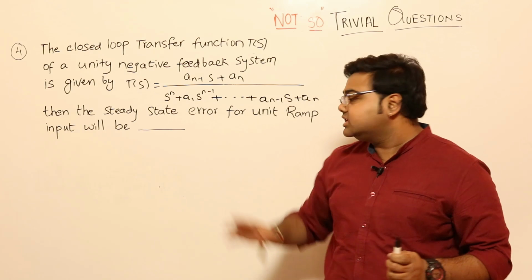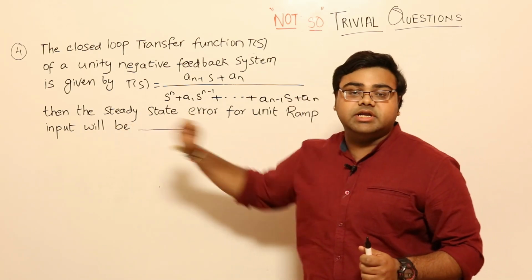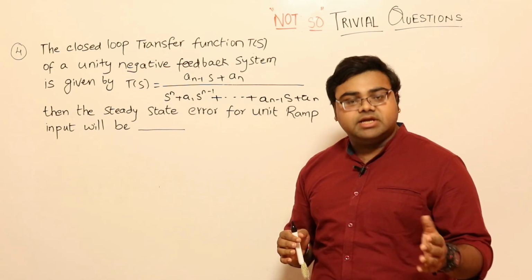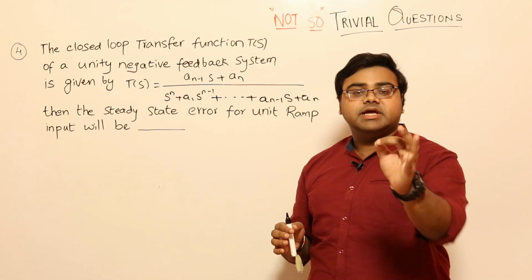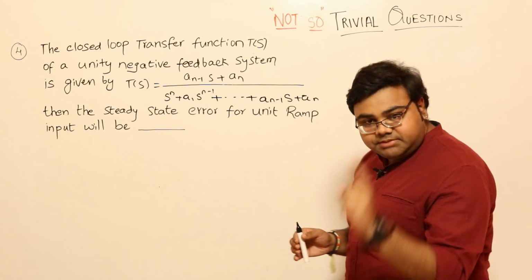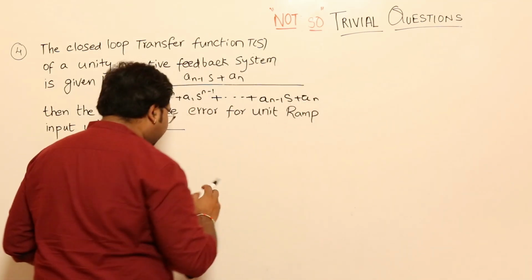What I mean by that is, they are asking you steady state error for unit ramp input. For unit ramp, what will it be? It has to be compulsorily KV, and I have to write an expression for KV. So let me write it over here.